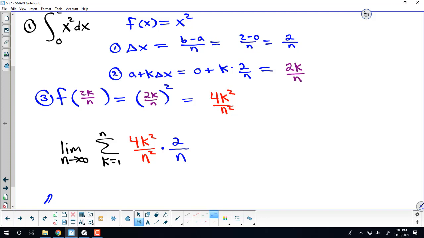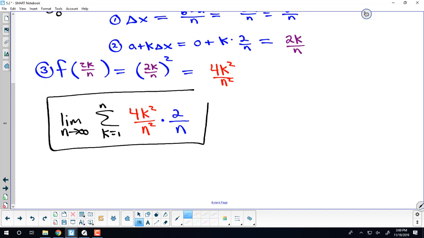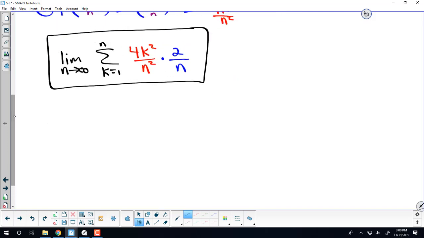So this is kind of where we want to be after we've put everything together. Then we compute what this actually is. So we're going to look at this two ways.